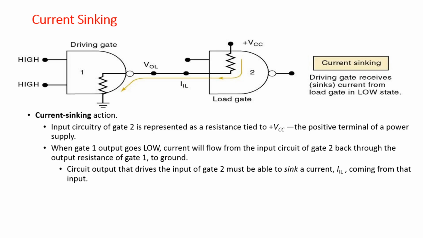The circuit output that drives the input of gate 2 must be able to sink a current, that is IIL, coming from that input. If you observe in the diagram, here the current is flowing from the VCC of gate 2 to gate 1. So this action is called current sinking.